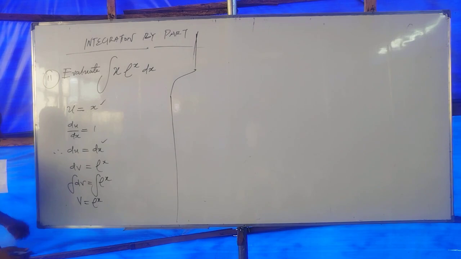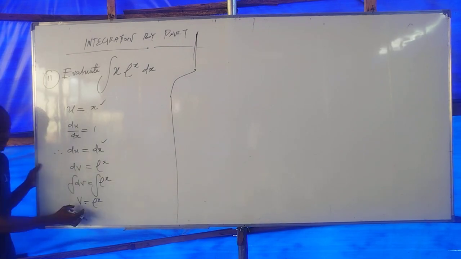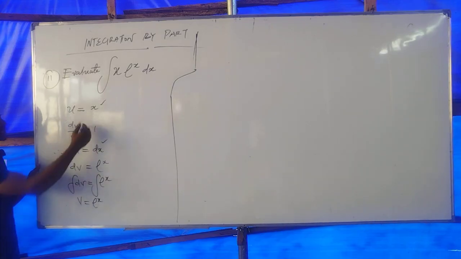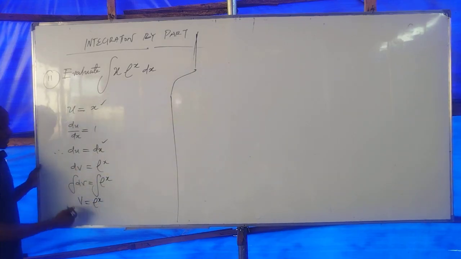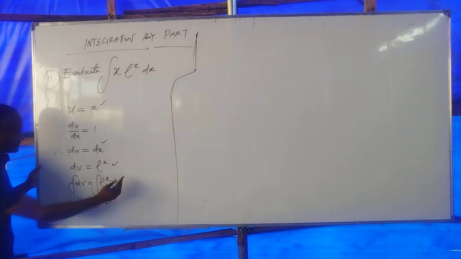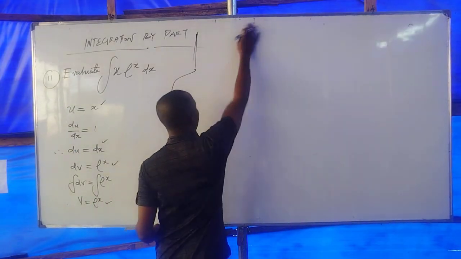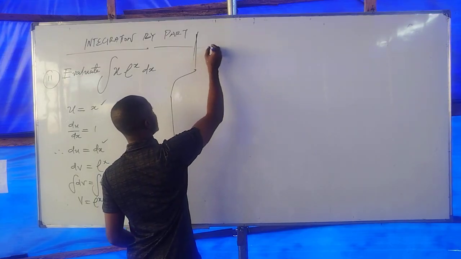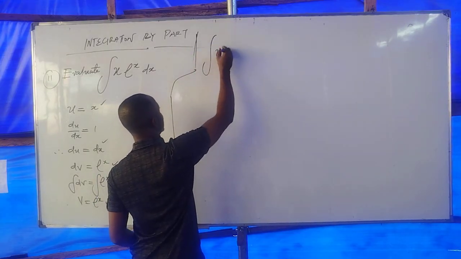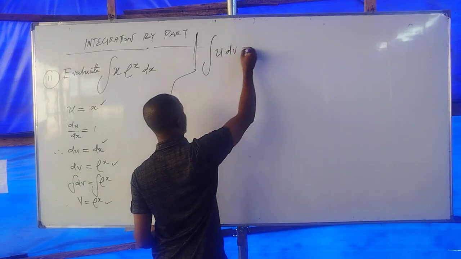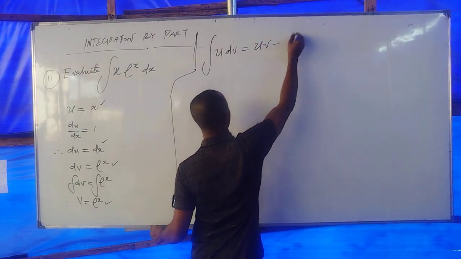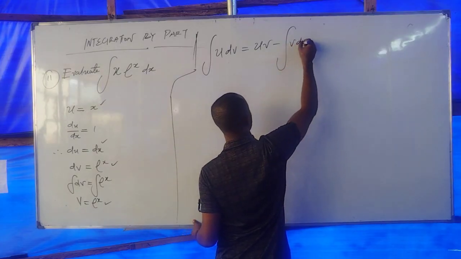Is it not so? So now we have our dv as this, v as this, right? We have gotten our u, our du, our dv, and our v. Then the formula for integration by parts says: integral of u dv equals uv minus integral of v du.